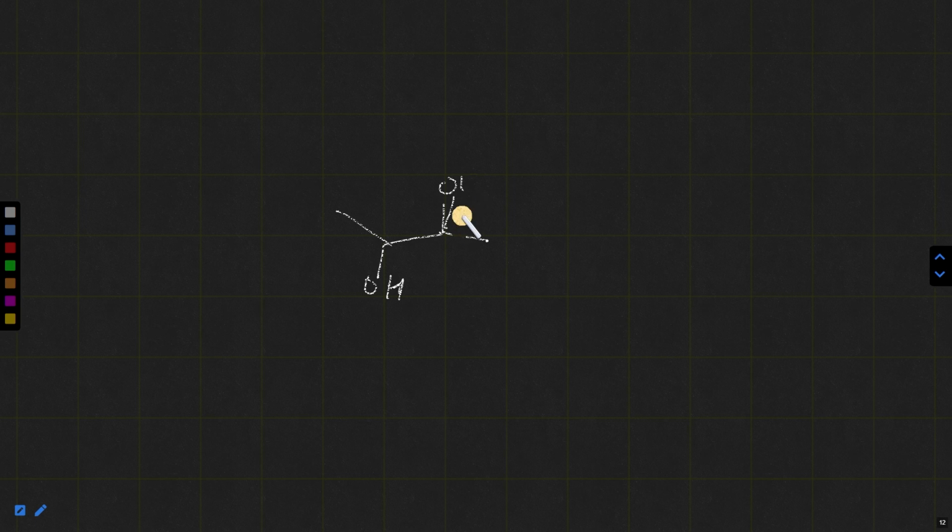Since OH is a very bad leaving group, it cannot go, and in this reaction we do not use a strong base either. So what happens here? It goes like this, a conjugate base elimination. First this base will abstract this, it will go here and will give you OH and this one.